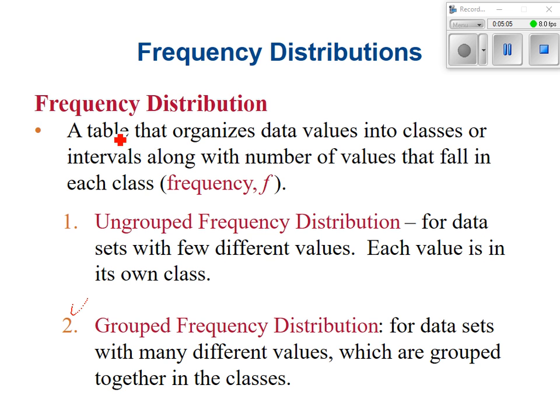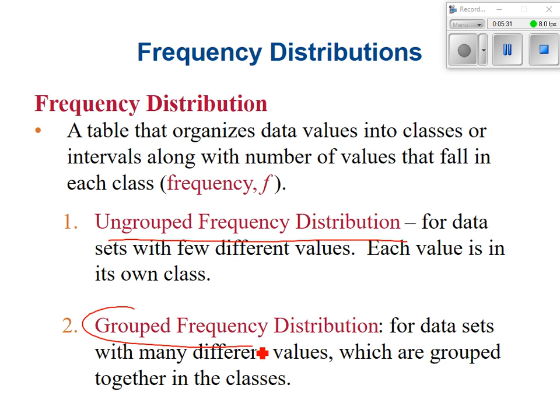A frequency distribution is just a table that organizes data values into classes or intervals, along with the number of values that fall in each class. In an ungrouped frequency distribution, each class just has one number, so each one is just 2, 3, 4, 5, 6.